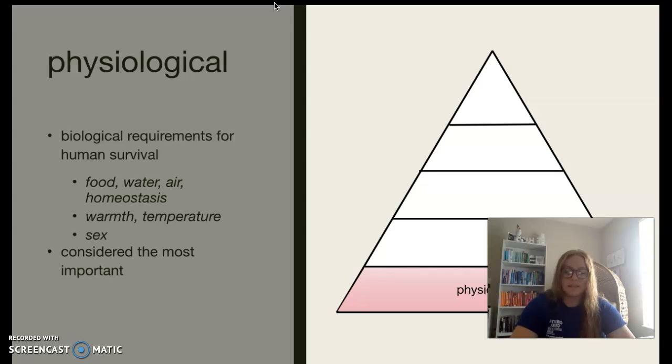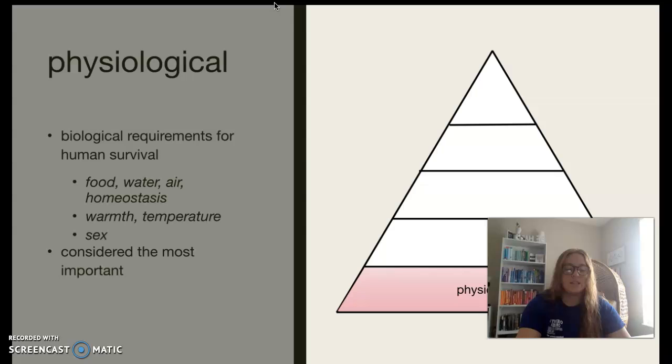So the basic physiological needs are probably fairly apparent. These are things that are vital for our survival. Some examples of these needs are food, water, breathing, and homeostasis. In addition to the basic requirements of nutrition, air, and temperature regulation, physiological needs also include such things as shelter and clothing.